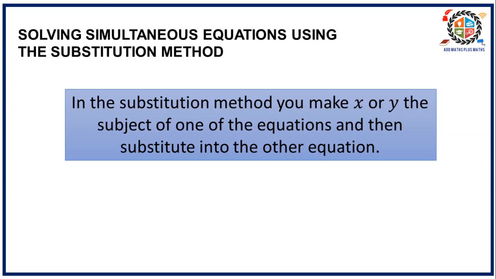Now, let's move on to the third method, which is solving simultaneous equations using the substitution method. In the substitution method, you make x or y the subject of one of the equations and then substitute into the other equation. I repeat, you make either x or y the subject of one of the equations.